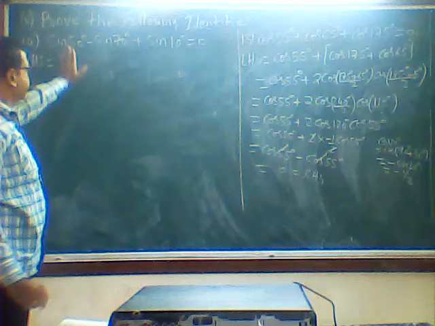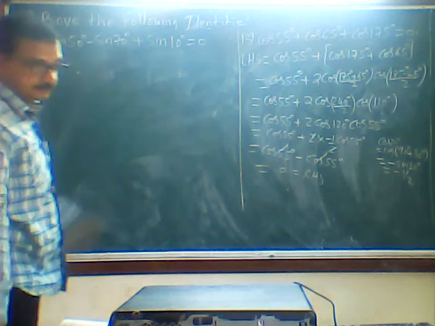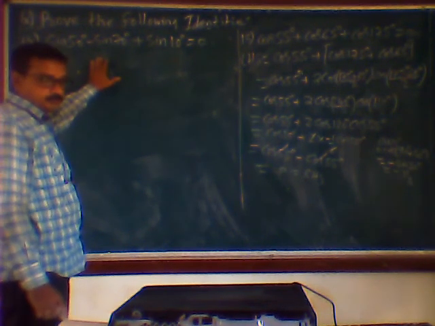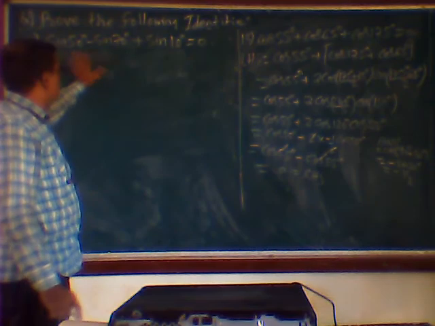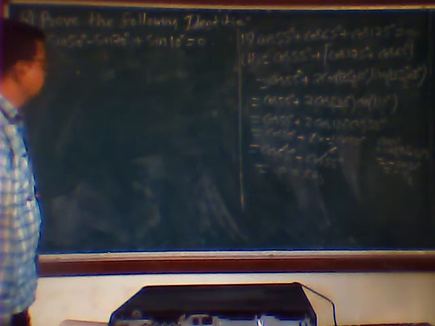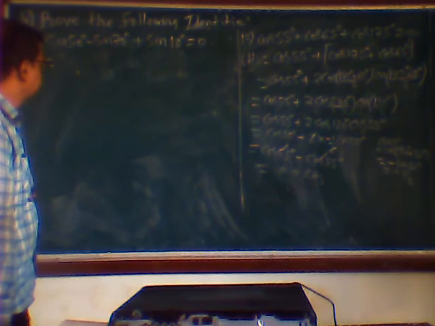As it is, if I take sine C minus sine D, okay, sine C minus sine D, it will be what? 2 cos, first will be cos, then next will be sine.